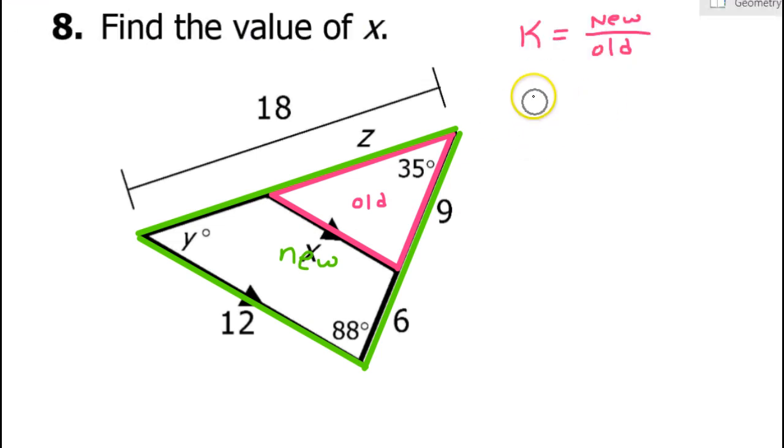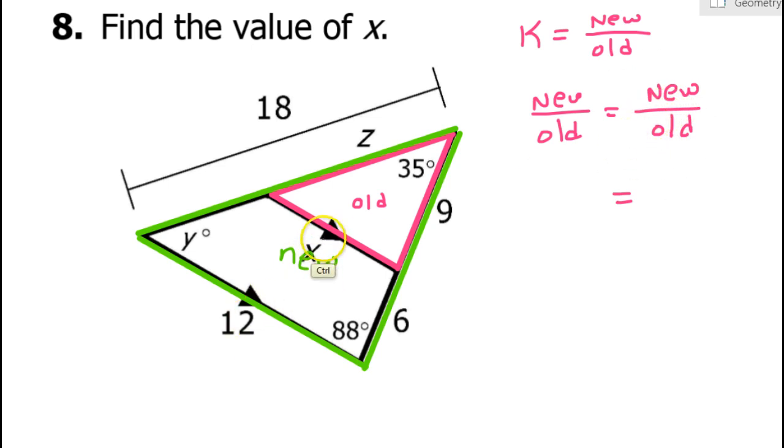So for the proportion method, I'm going to set up two fractions equal to each other: new over old is equal to new over old. I just need two pairs of corresponding sides to do this.